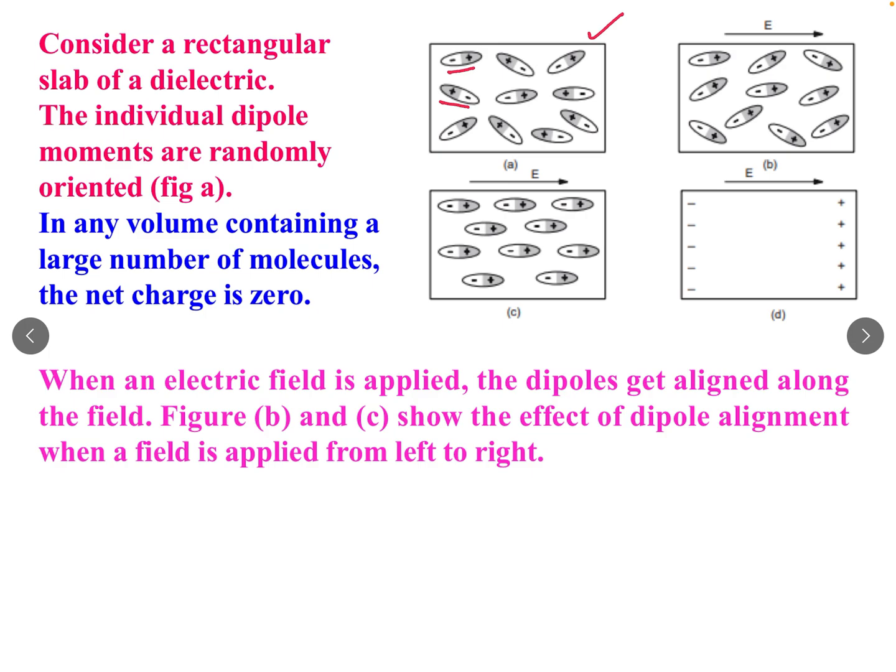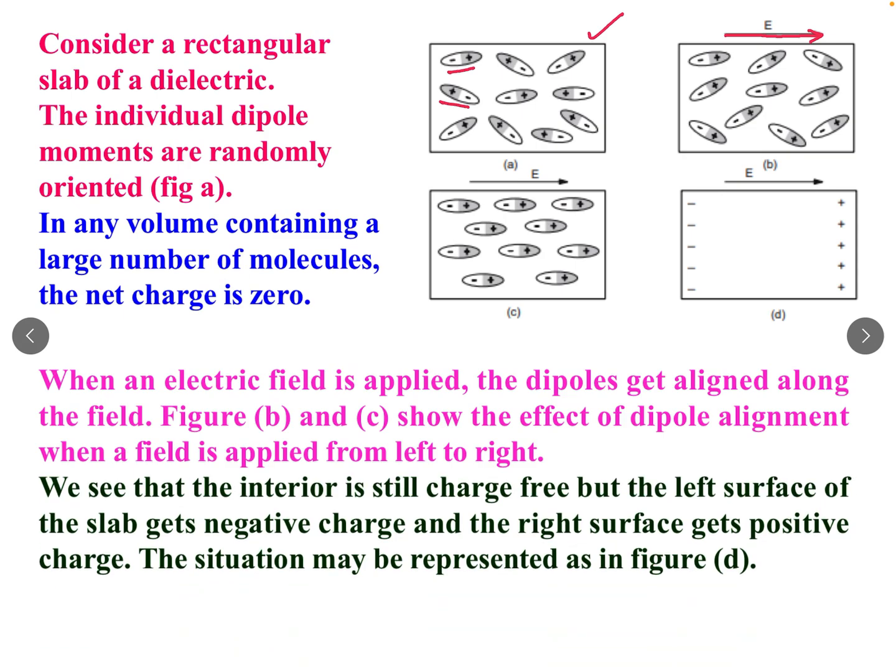When an electric field is applied, dipoles get aligned along the field. Figures B and C show the effect of dipole alignment when a field is applied from left to right. These dipoles get aligned as per the applied field.